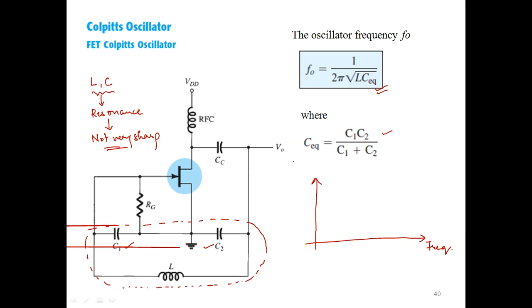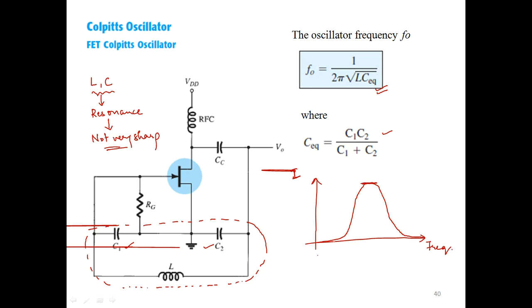So we are varying the frequency. It could be current, the current which flows. Usually we get such a type of resonance peak, which is some sort of inverted bell shape. But this is not so sharp.